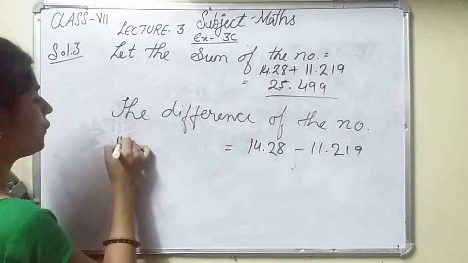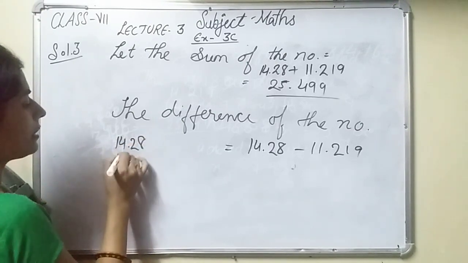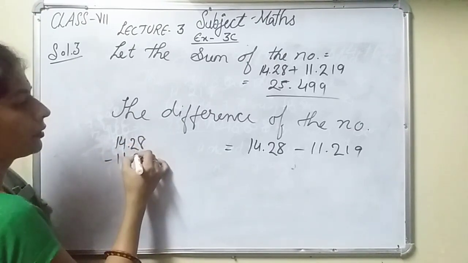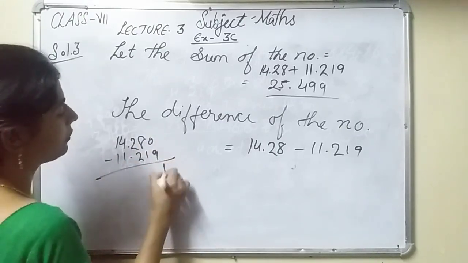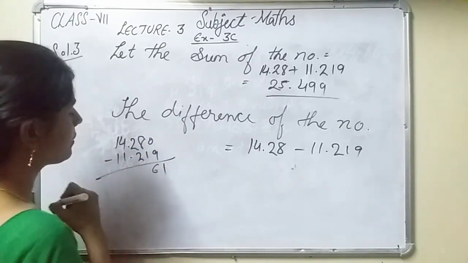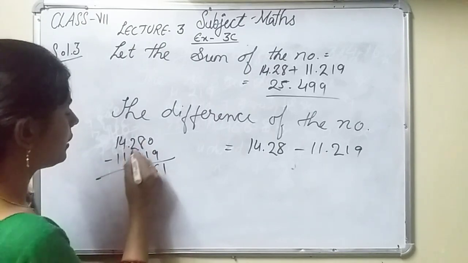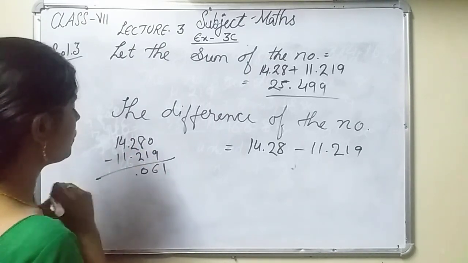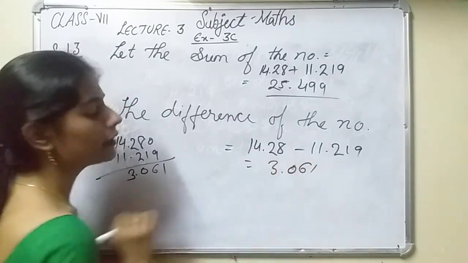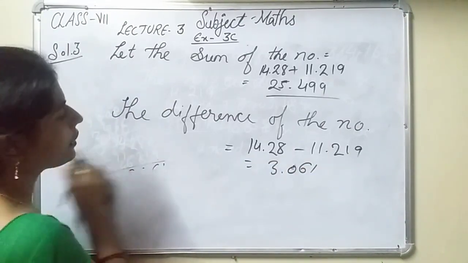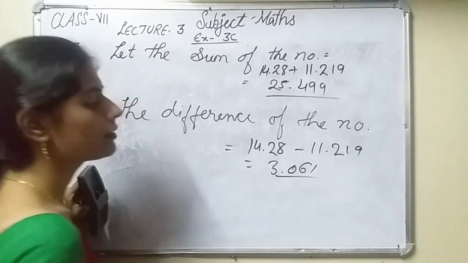Now get the difference. 14.28 minus 11.219 is 3.061. So the difference of the numbers is 3.061.